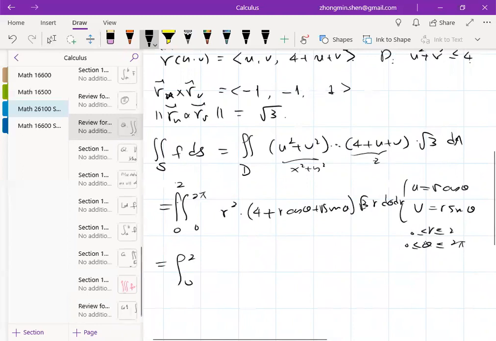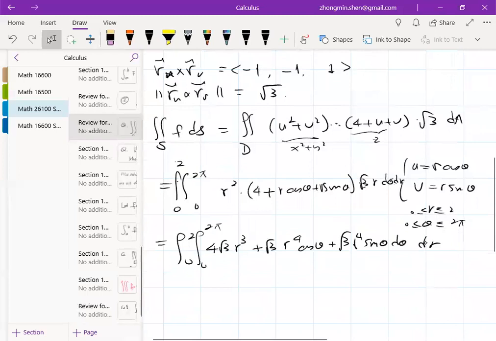Let's write down all the terms here. 4 square root of 3 r cubed plus square root of 3 r to the 4th cosine theta, square root of 3 r to the 4th sine theta d theta dr. And the integral of sine theta from 0 to 2 pi is going to be 0. The integral of cosine theta from 0 to 2 pi is also going to be 0.